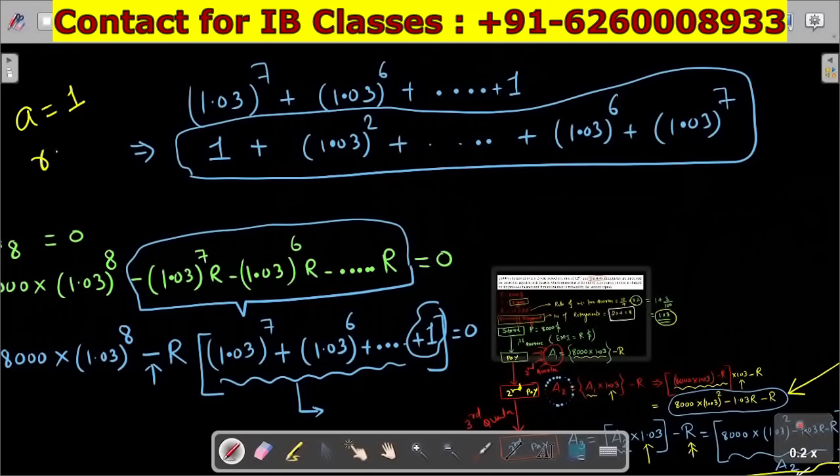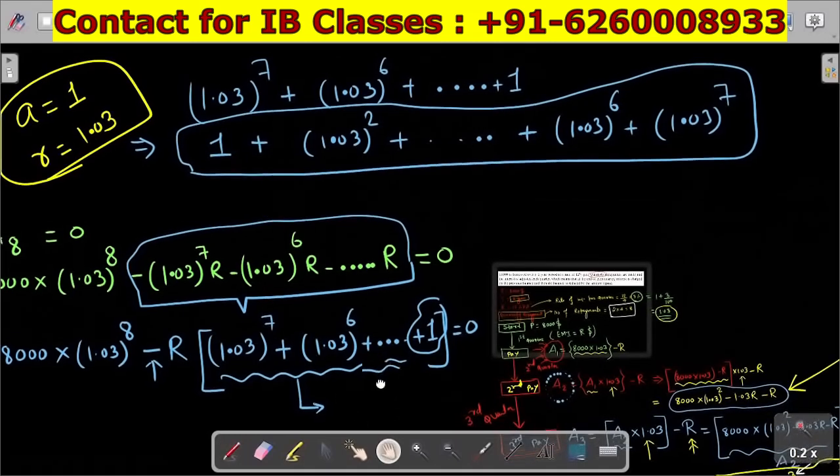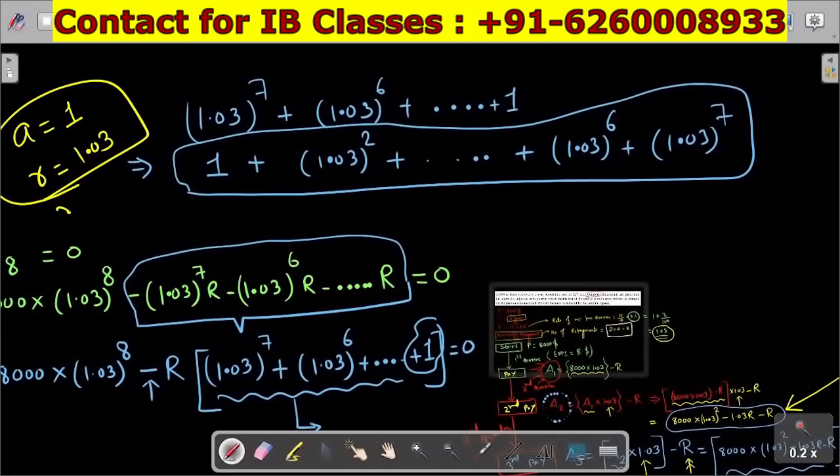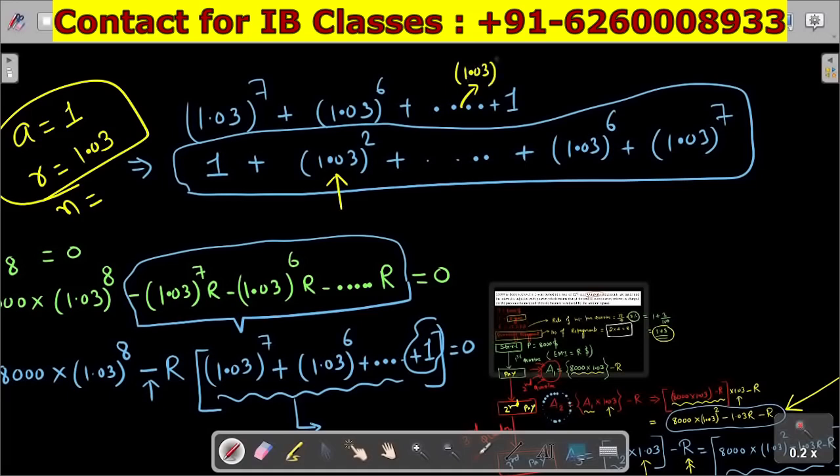What's the common ratio from here? You can see its common ratio is 1.03. And what's the total number of terms here? Again, see the pattern. It's just the previous term, it should be 1.03 raised to power 1, then 1.03 raised to power 0.